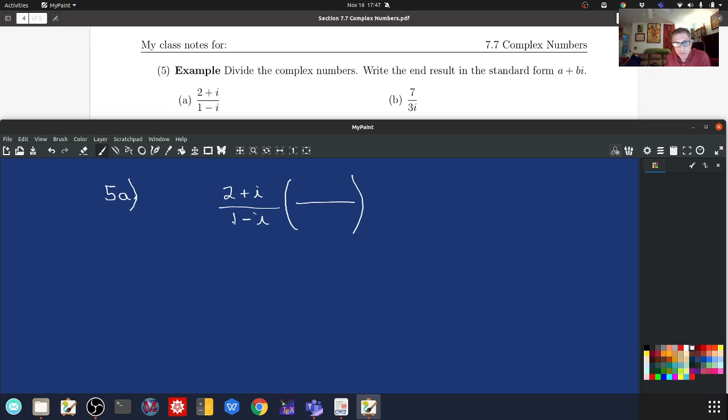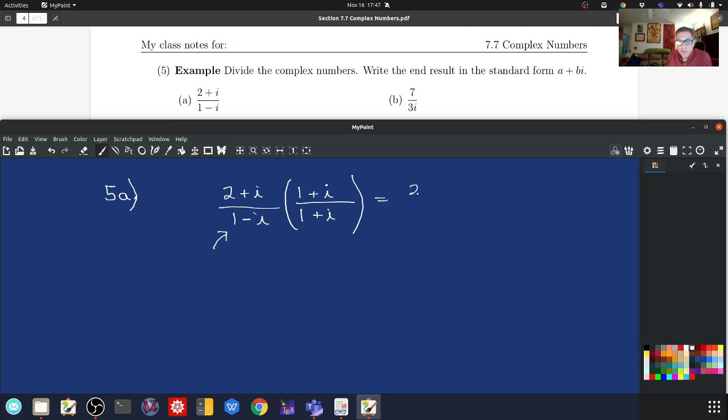So what I'm going to do is look at this denominator, and I'm going to keep the real part the same, but I'm going to change the sign on the imaginary part. And whatever I put in the denominator goes in the numerator. 1 plus i divided by 1 plus i is still 1. So I've not changed the quantity.